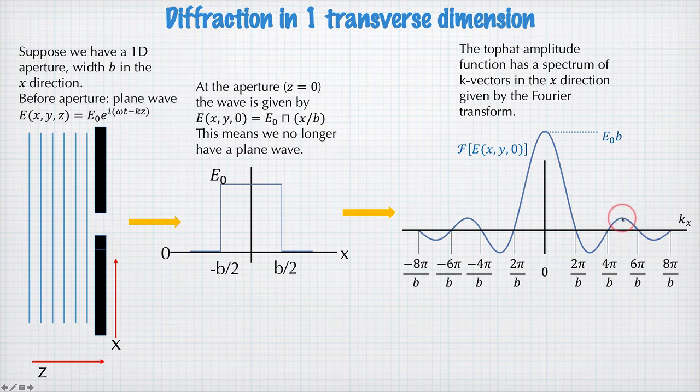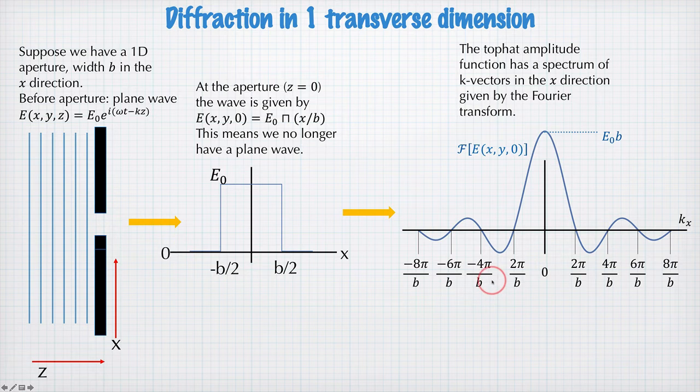But if we imagine a small bunch of waves propagating with very similar kx, they'll all propagate out at some similar angle. Therefore, if we look at the cross-section of the field in the x direction a long, long way from this aperture, we'll see all these waves grouped together with similar kx, and they'll be separated from the waves here with this kx.